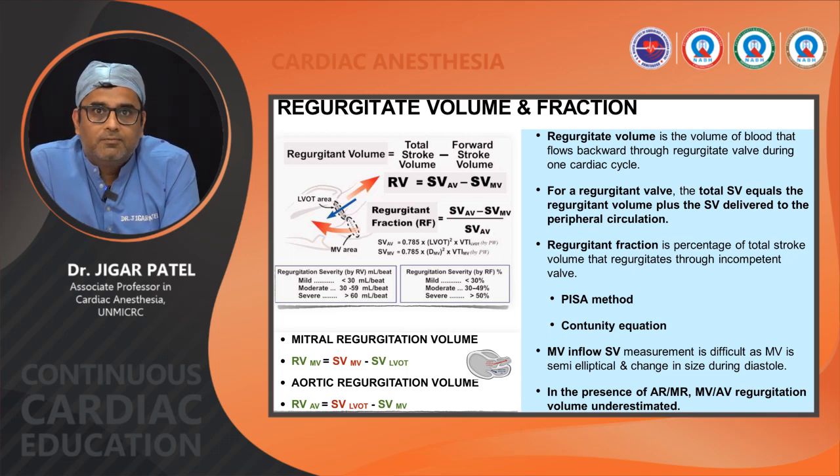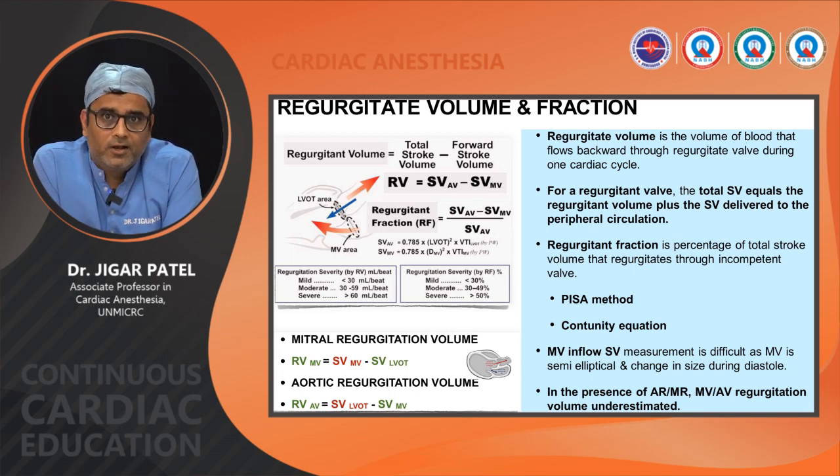Like, to measure regurgitant volume across the mitral valve, you subtract stroke volume from LVOT from stroke volume from the mitral valve. Similarly, to measure regurgitant volume across the aortic valve, you measure stroke volume across the regurgitant valve, like the aortic valve or LVOT, and subtract the stroke volume across the mitral valve.